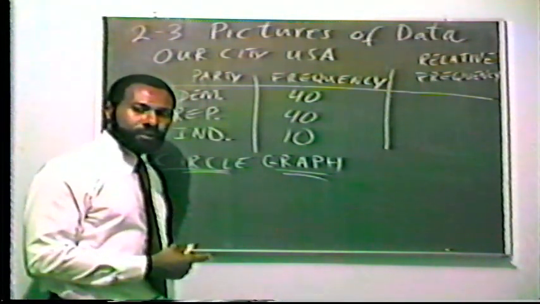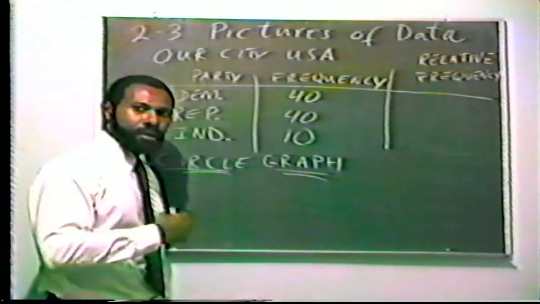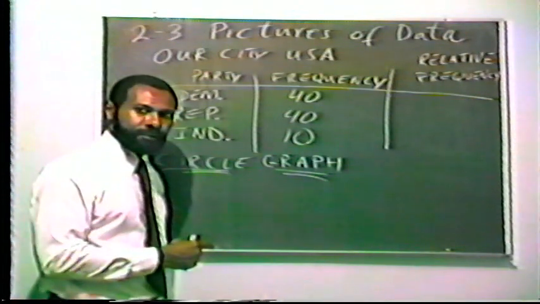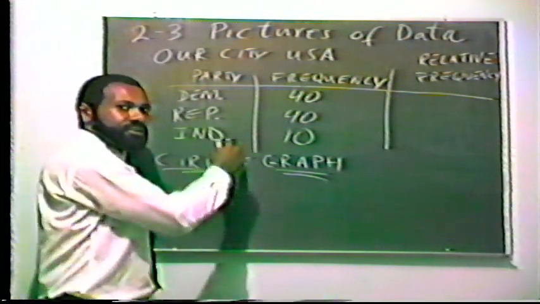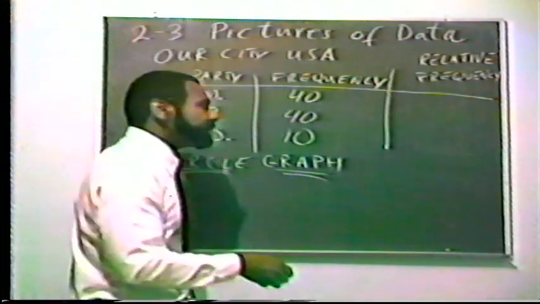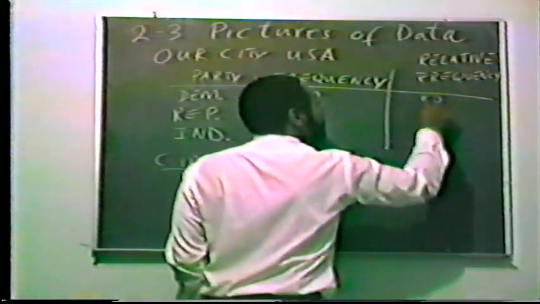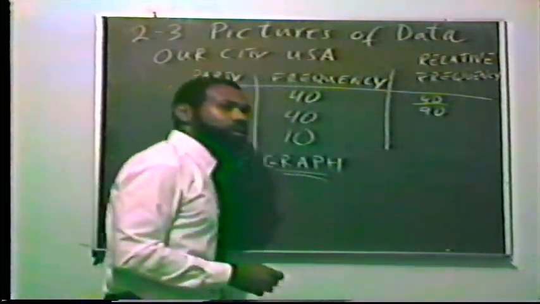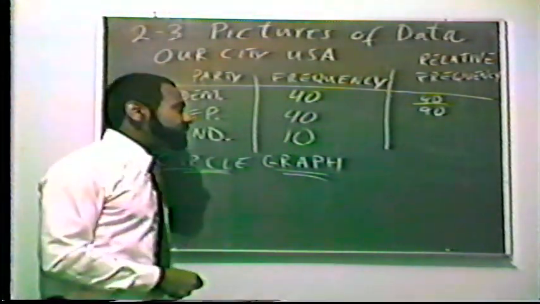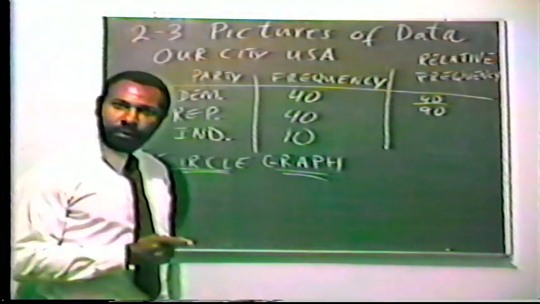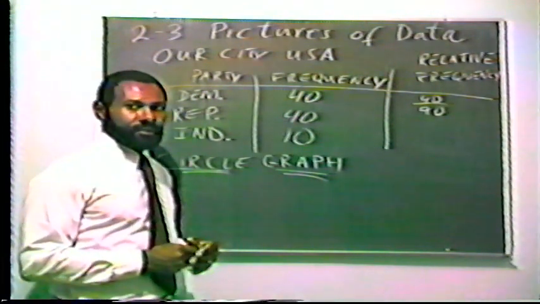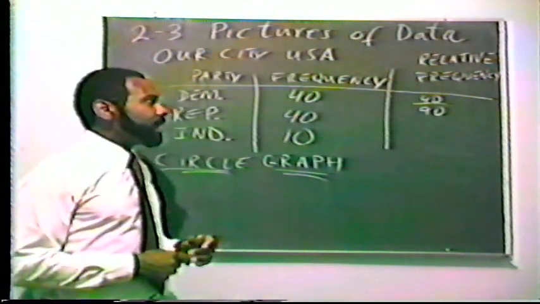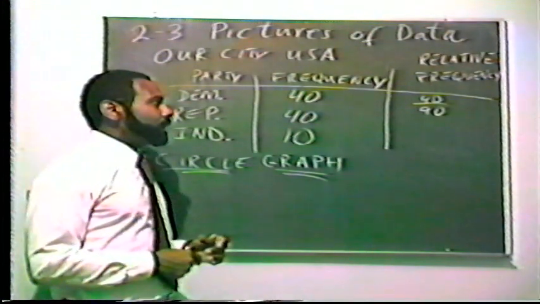The relative frequency for the Democrats, since there are 40 of them, would be 40 over 90. That is the relative frequency for the Democrats.